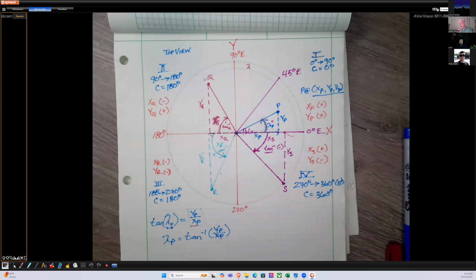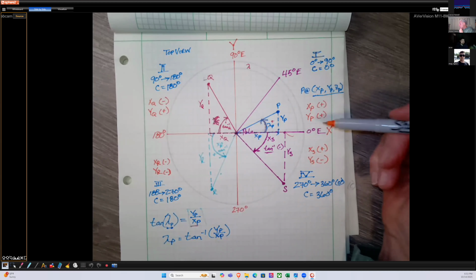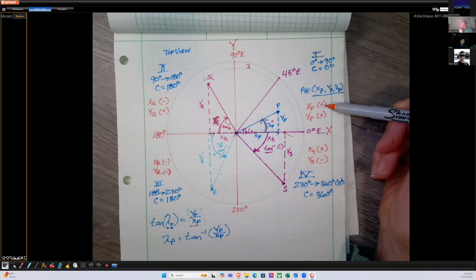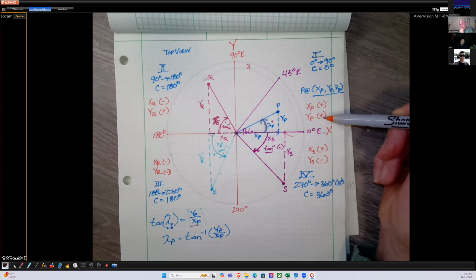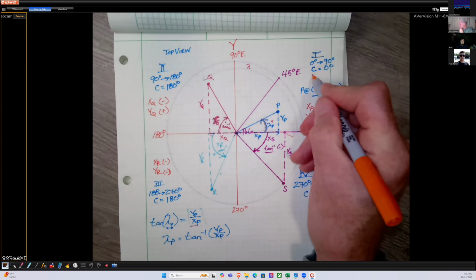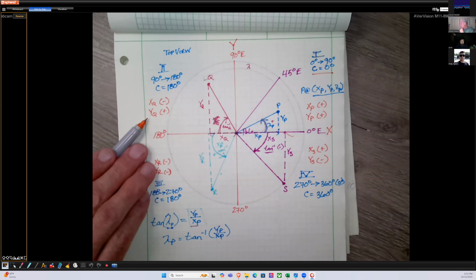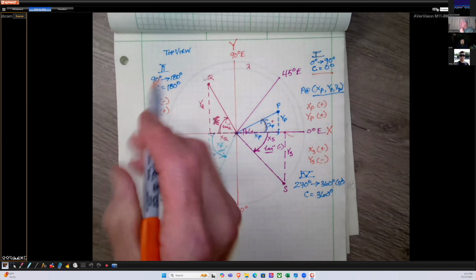So when you're looking at your Cartesian coordinate system, a rule should start forming in your head now. If x is positive and y is positive, our C value is 0. If x is negative and y is positive, our C value is 180.